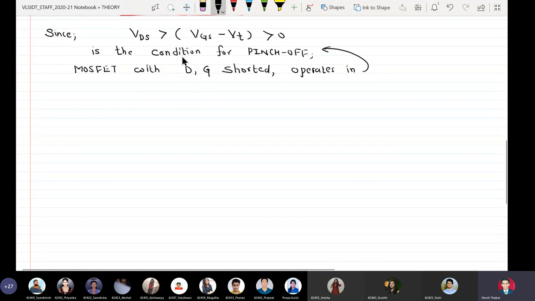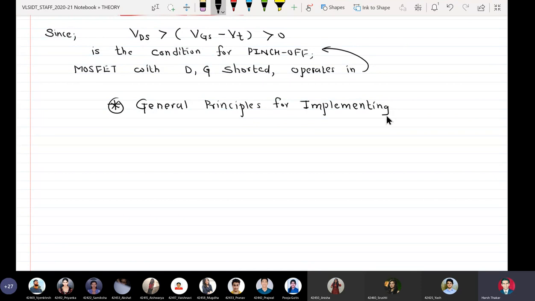Okay, so general principles for implementing logic using MOSFETs.